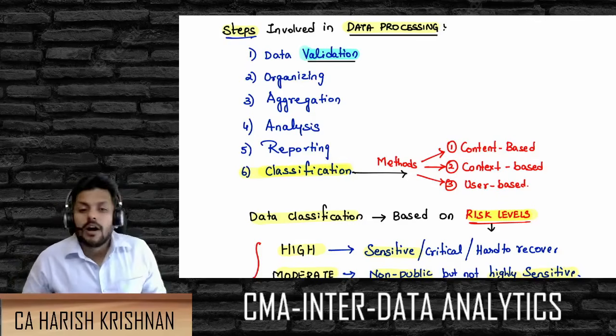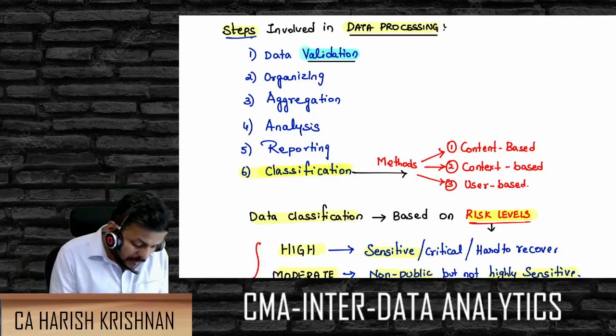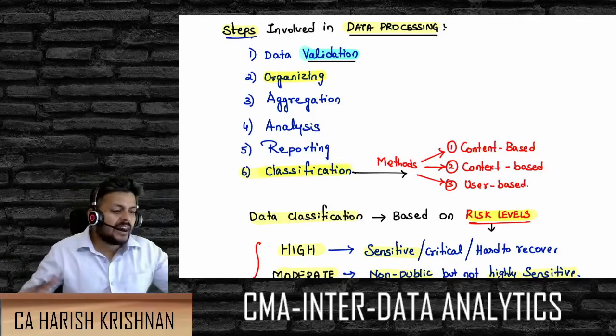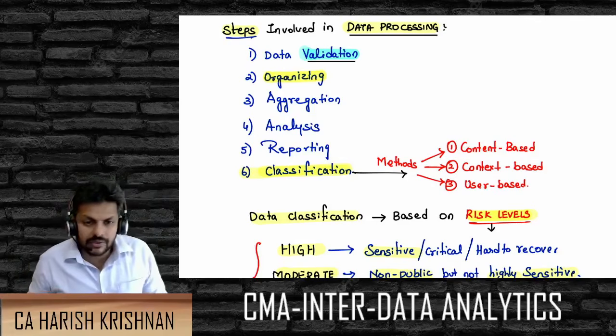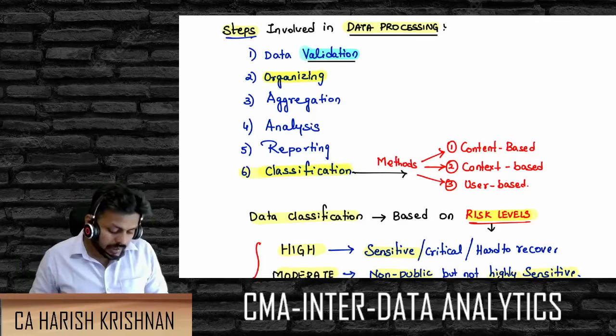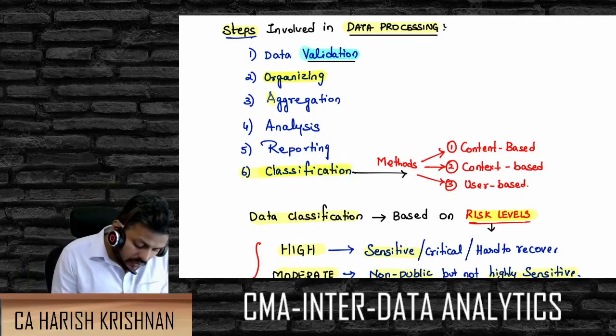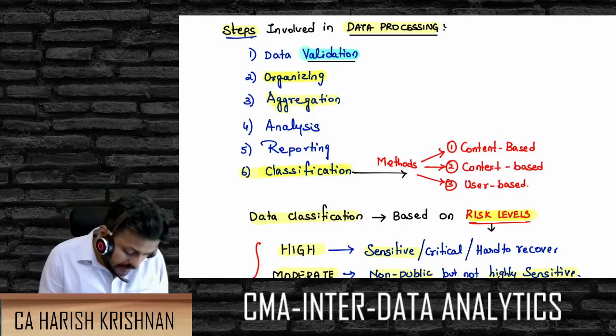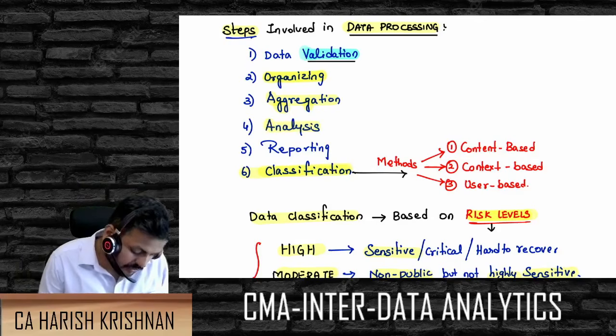Then organizing data into a proper form or format. Gathering all the data to one place is called aggregation of data. Then we are talking about analysis of the data.